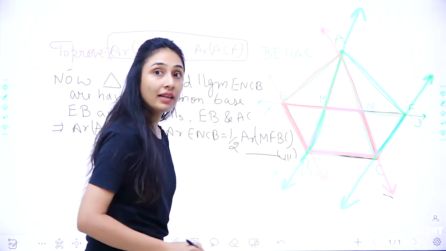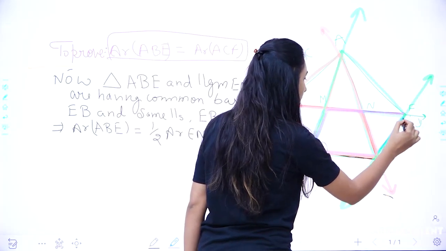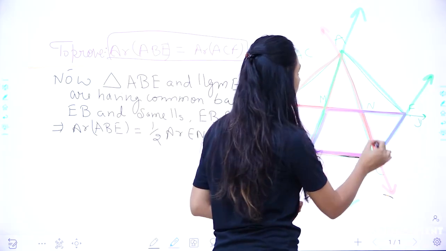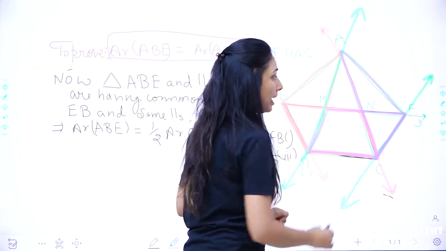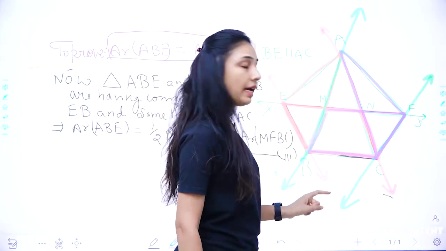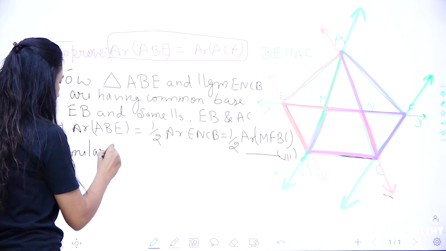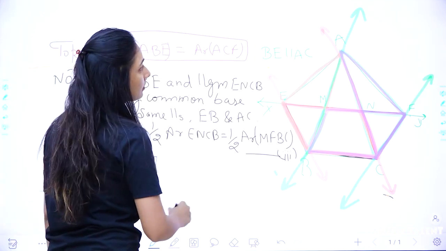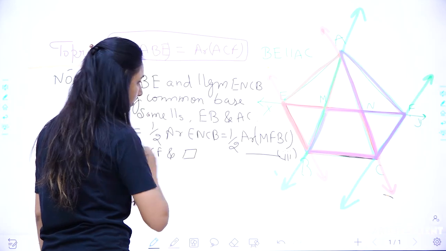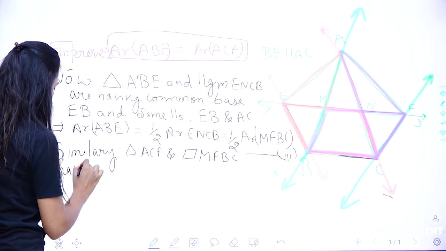So if these two are the parallels, and I am having here the parallelogram MFCB and this triangle AFC, this is having the same base FC, and between the same parallels AB and FC. Similarly, triangle ACF and parallelogram MFBC having same base.